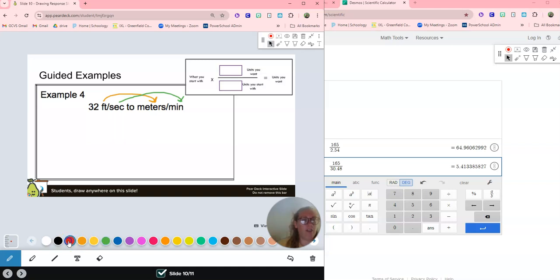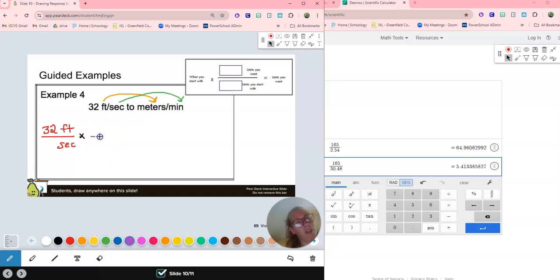So let's start off with our starting amount, which is 32 feet per 1 second. And we're going to multiply this by 2 conversion factors.